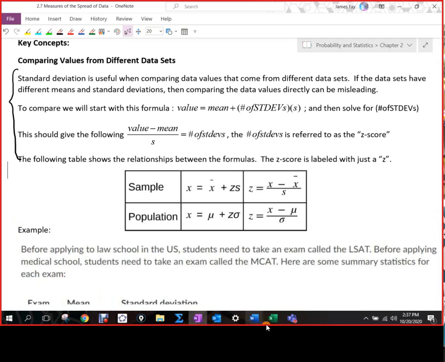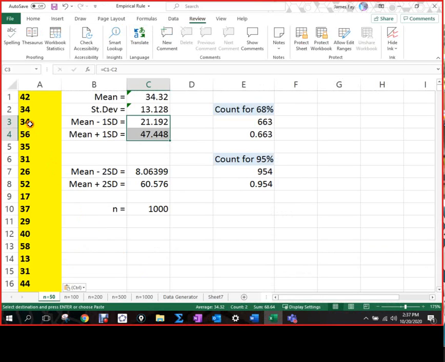If we go back to this, I would want to know if I look at this 34 here, how many standard deviations away from the mean is my 34? And it's not very much, right? It'd be a very small number because my 34 is very close to my mean.